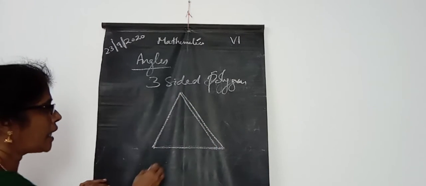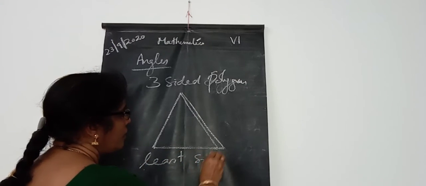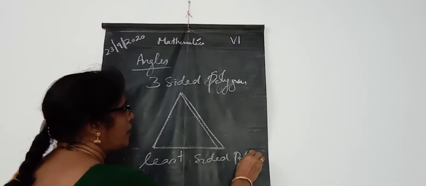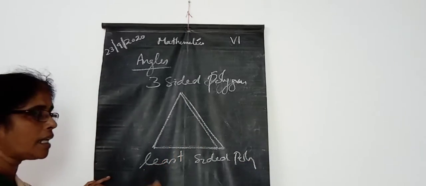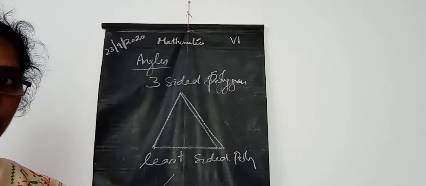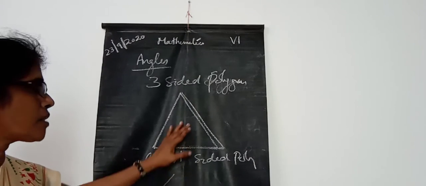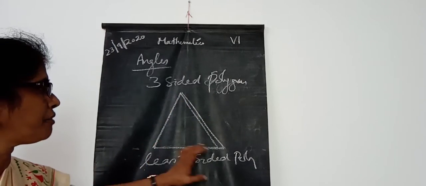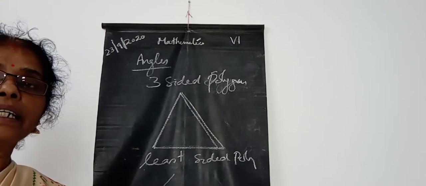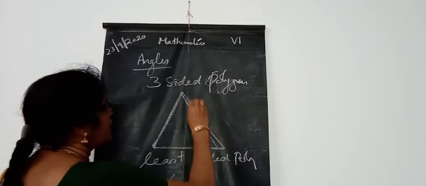The triangle is the least sided polygon, because it has three sides, and we can't make any polygon with two sides. That's why we say the triangle is the least sided polygon.